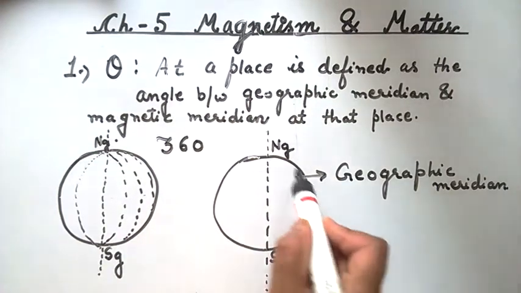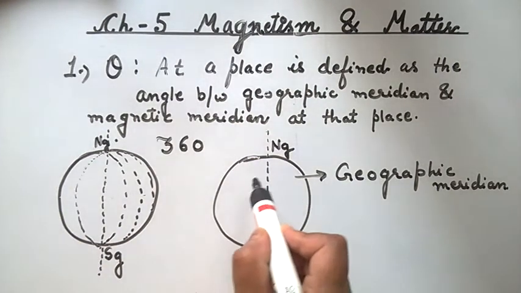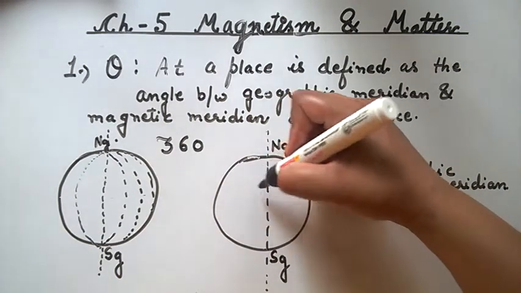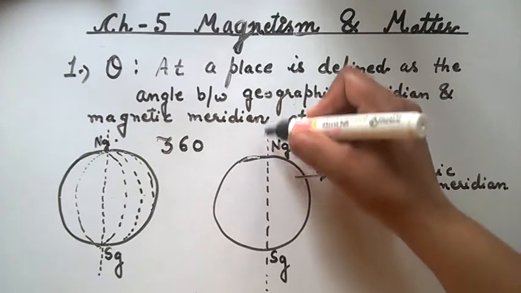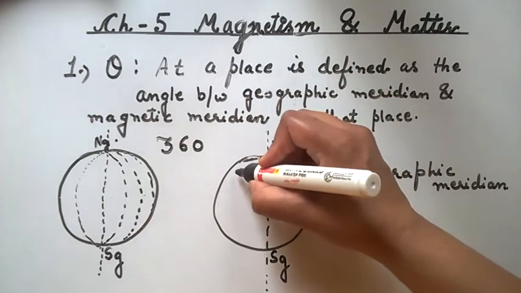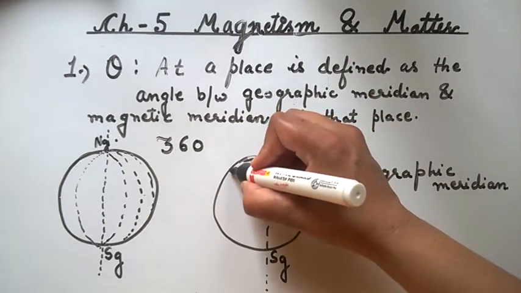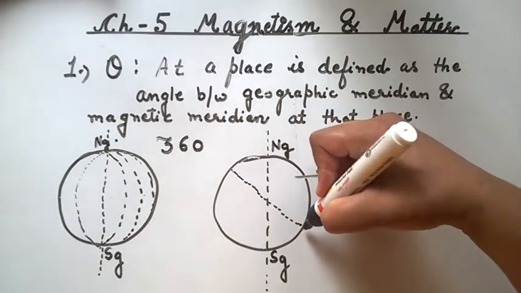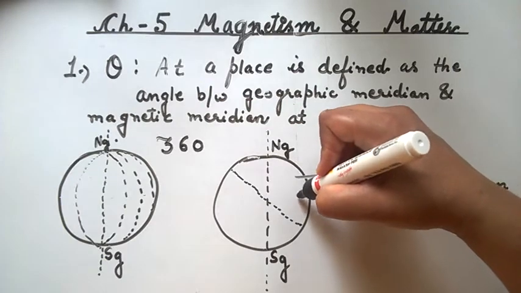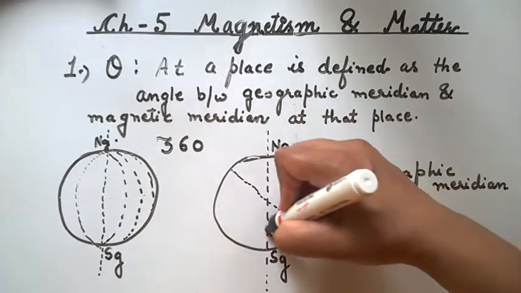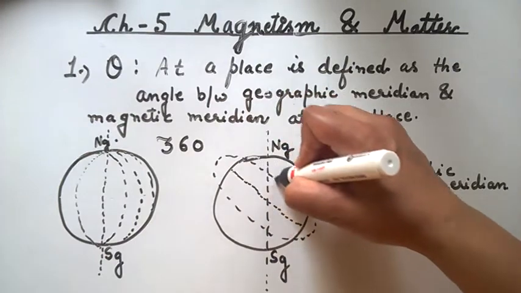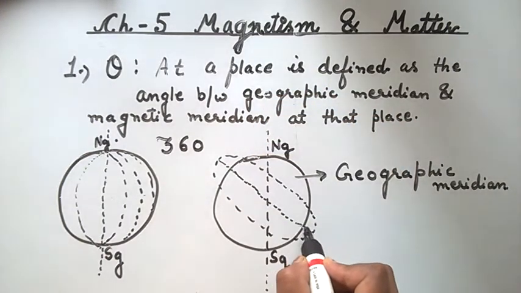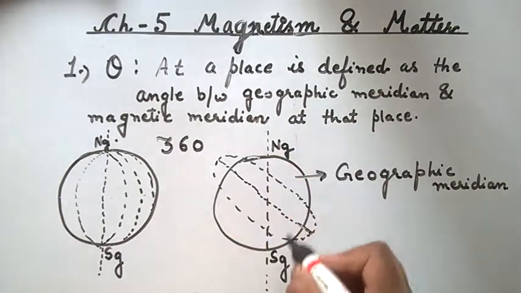And the magnetic meridian is the vertical plane perpendicular to the magnetic axis, and the magnetic axis is tilted at some angle to the geographic axis. So here, this is the magnetic axis, and the vertical plane perpendicular to the magnetic axis is this.